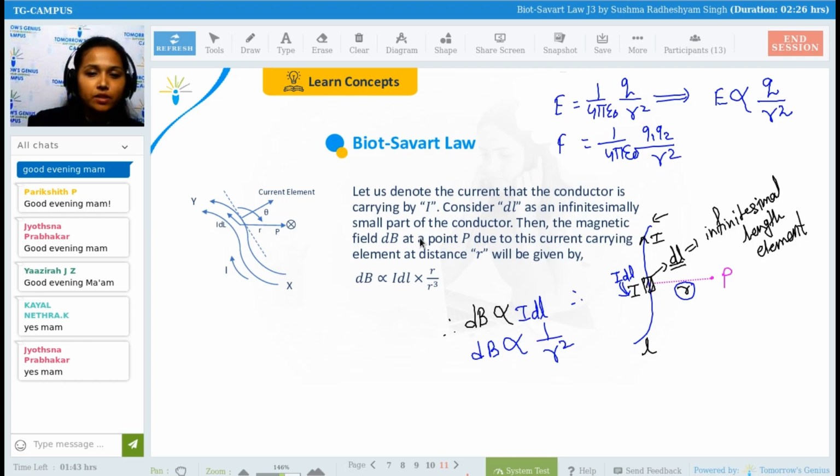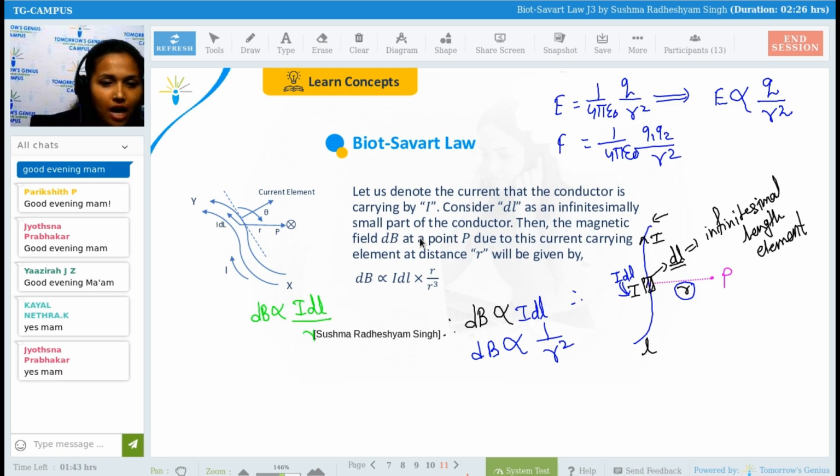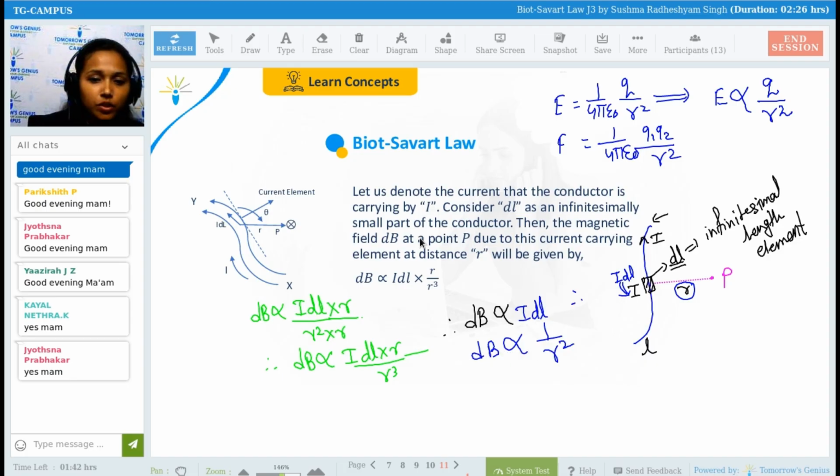So dB is directly proportional to I dl upon R square. Now your dl is a length element, so we can say the cross product with r, so I also multiply r in the denominator. Simply, dB is directly proportional to I dl cross r upon r power cube. This is also one form and this is also one form. Clear here?